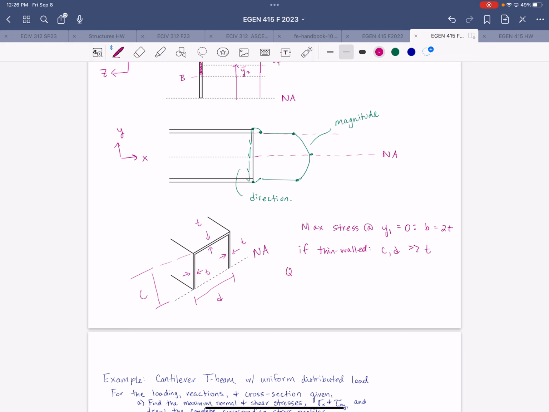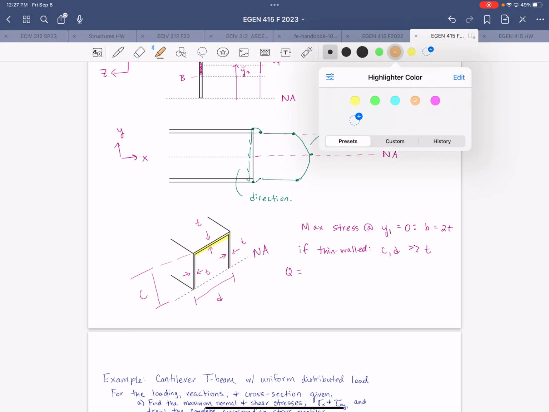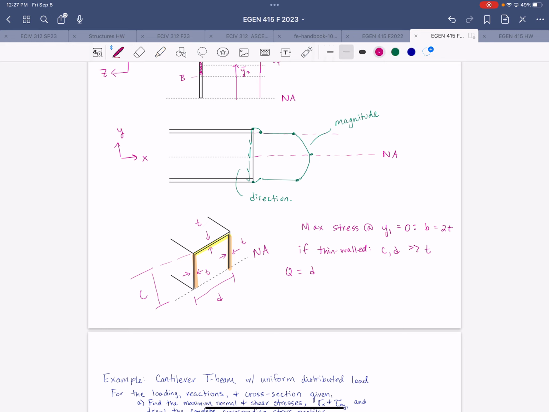So the Q calculation at the neutral axis would be, if we think about it as breaking it up into rectangular sections, something like this. It would be D times T times C. So that essentially would be your A1 times Y1 bar, represented by the yellow highlighted area.